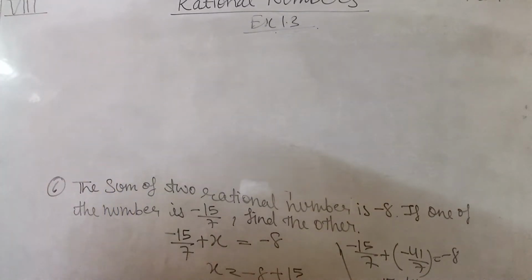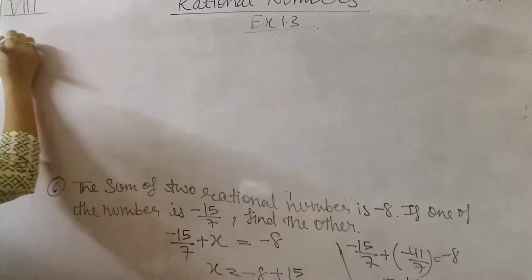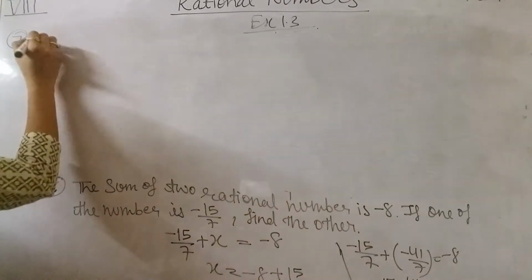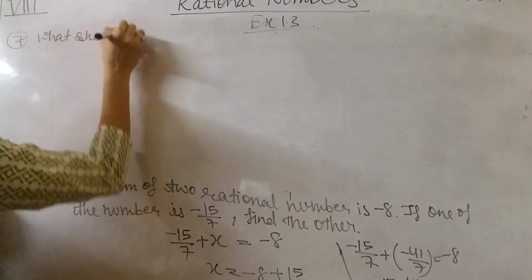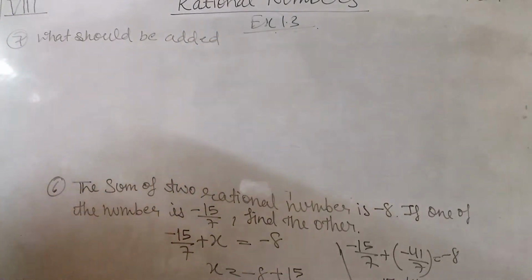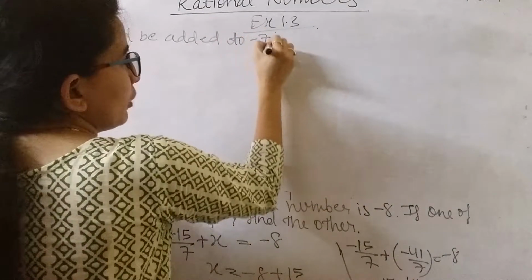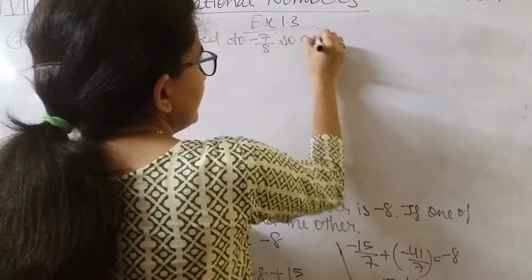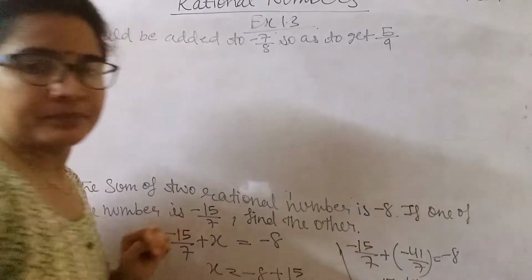Now the next question is question number 7. What should be added to minus 7 upon 8 so as to get 5 by 9.